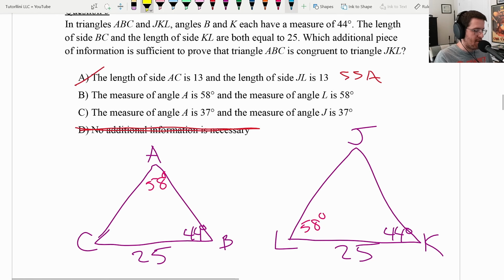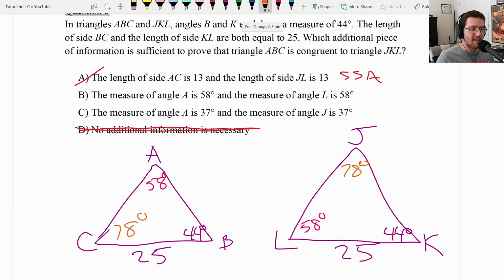And if I label the third angle, let me do some math real quick. 180 minus 58 minus 44, I get 78. And hopefully you guys are noticing, wait, the angles that correspond aren't the same. All the angles are the same, but the angles that correspond aren't the same. So that congruency statement is not true.